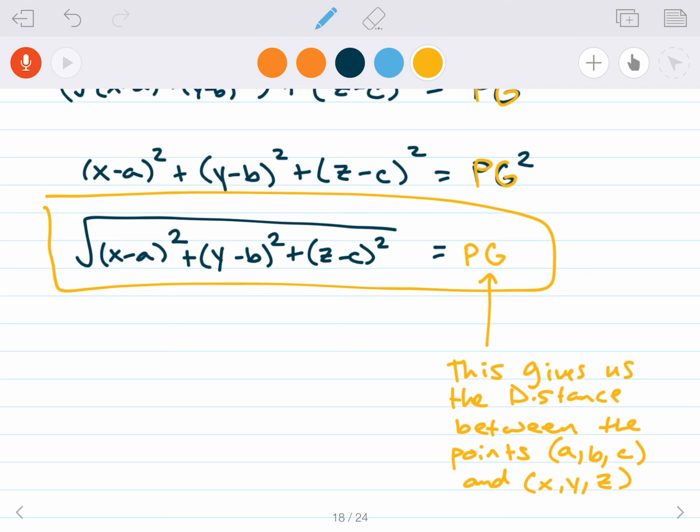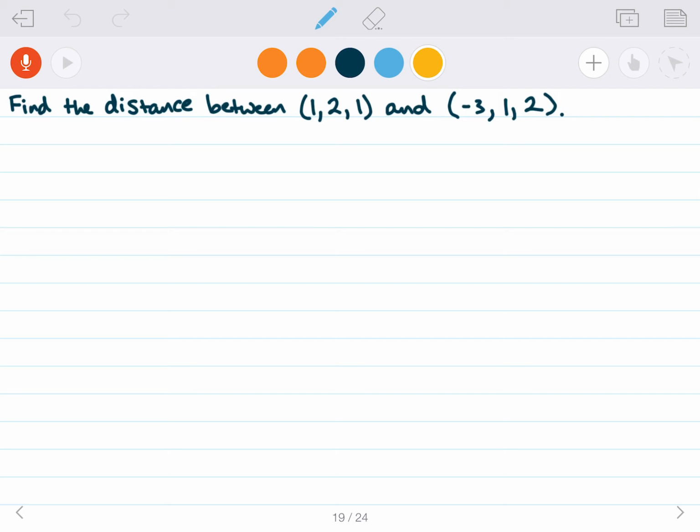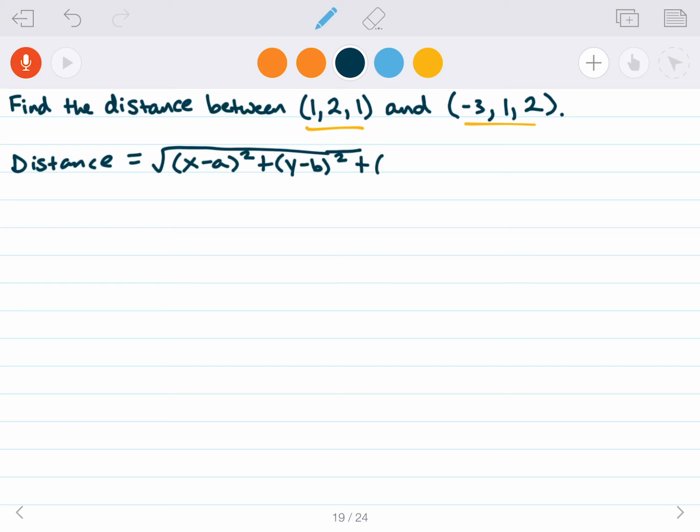So let's go ahead and use this. We want to find the distance between the points (1, 2, 1) and (negative 3, 1, 2). I'm just going to start by writing my distance formula. Instead of PG, I'm writing distance is equal to the square root of (x minus a) squared plus (y minus b) squared plus (z minus c) squared.